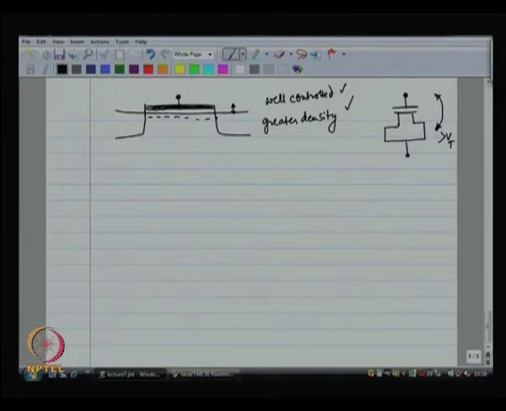Is there any other disadvantage? Yes, there is a second disadvantage. The second disadvantage is the ground plane, right.